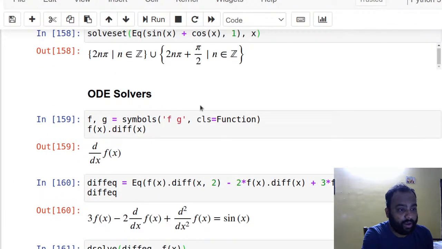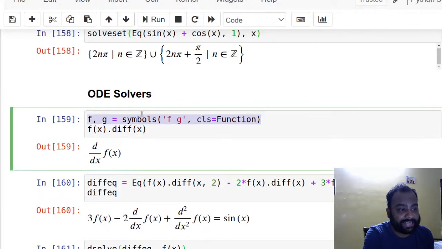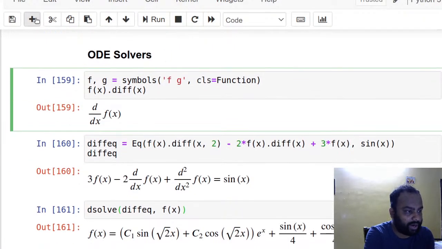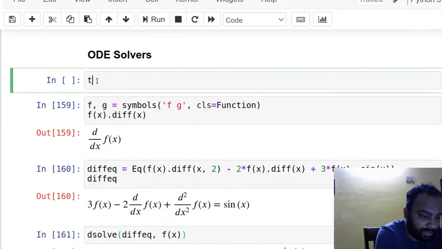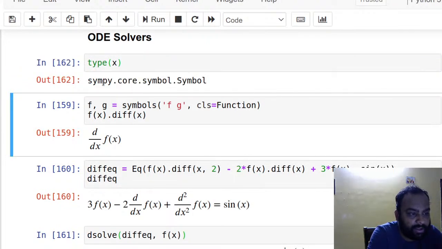Someone is asking, what does this one mean? This one means that I am redefining the variables f and g as function symbols. Symbols have different types of meanings here. Just to show you what I mean, if I say type x, x was a symbol, see.